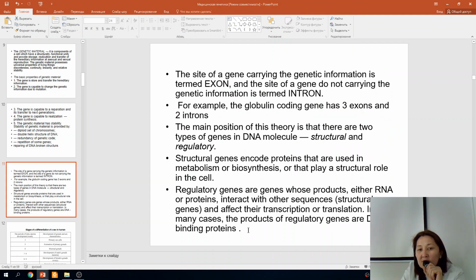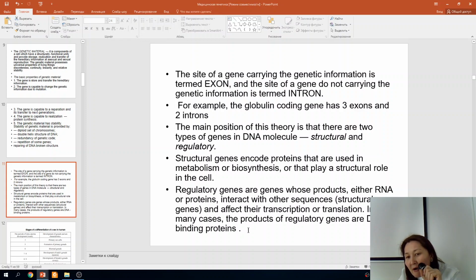The site of a gene carrying the genetic information is termed an exon, and the site of a gene not carrying the genetic information is termed an intron. For example, the globin coding gene has 3 exons and 2 introns. The main position of this theory is that there are 2 types of genes in the DNA molecule: structural and regulatory.